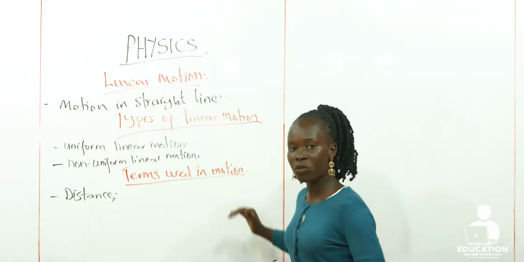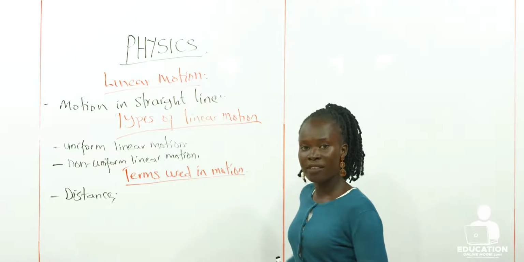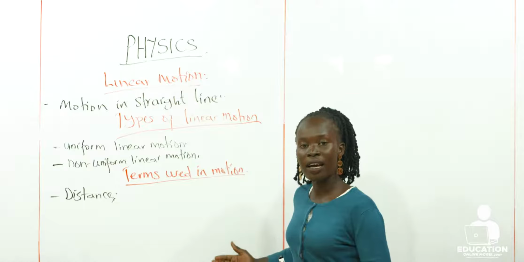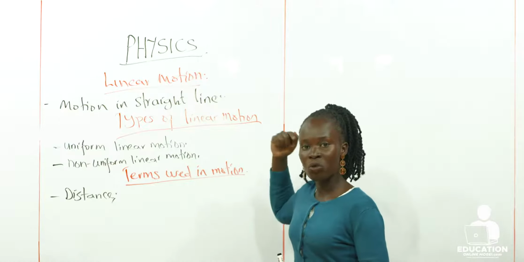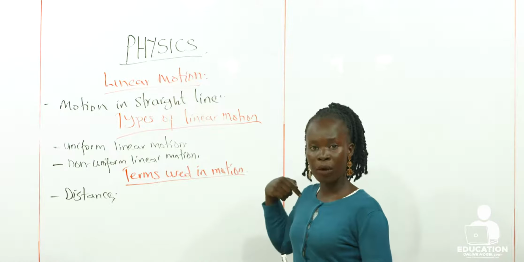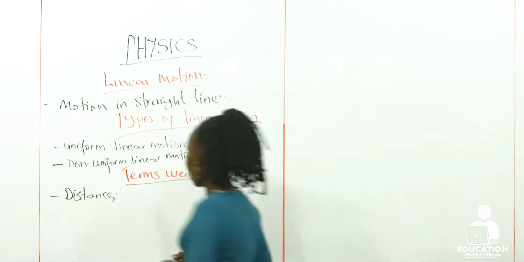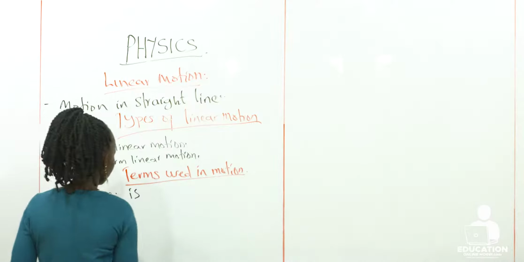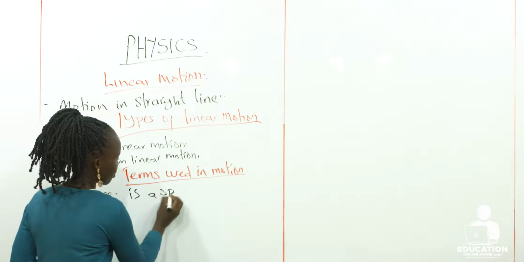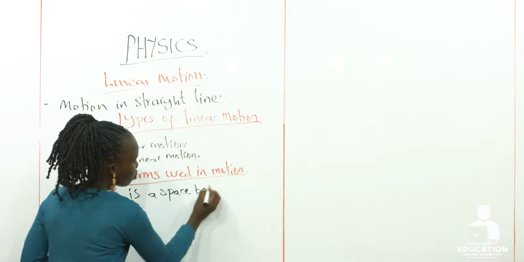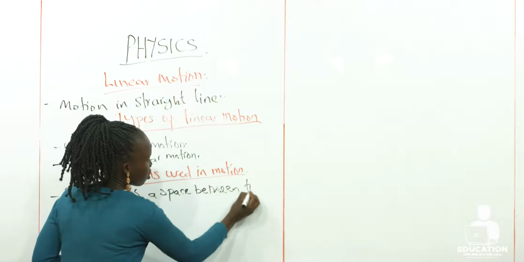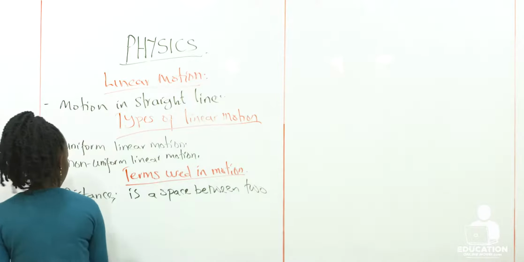But when I leave it right behind me, that space there is what is known as the distance, because it is between me and that. I am a point and the whiteboard is also another point. So we can say distance is a space between 2 points.